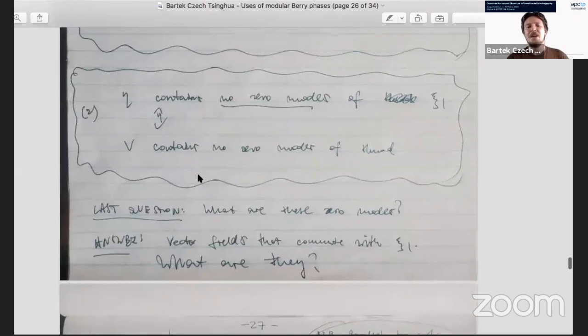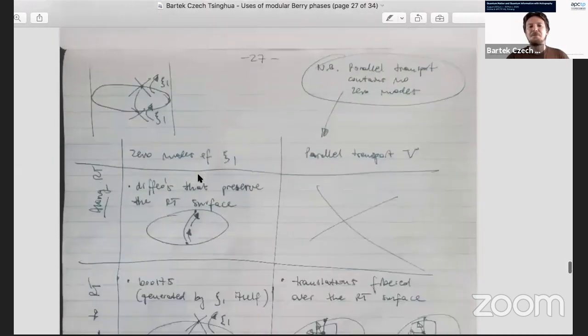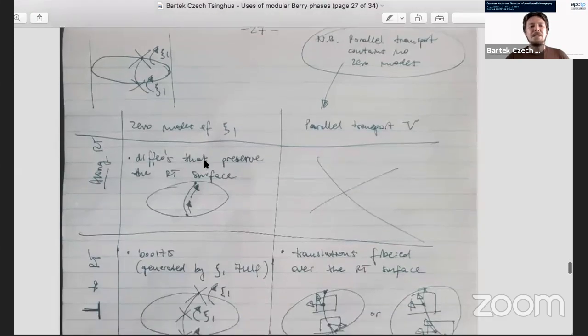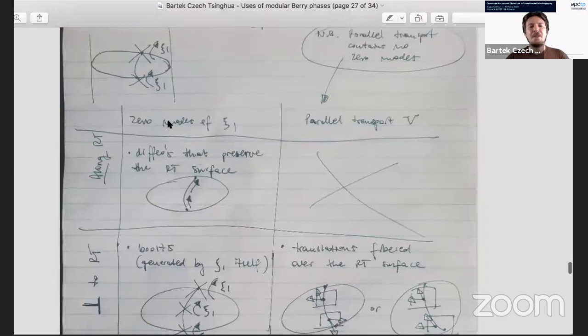Right. So let's talk about these zero modes. Parallel transport is supposed to contain no zero modes. So here I created a table where I talk about various vector fields that we can have in the neighborhood of the RT surface. And I arrange them into two rows.